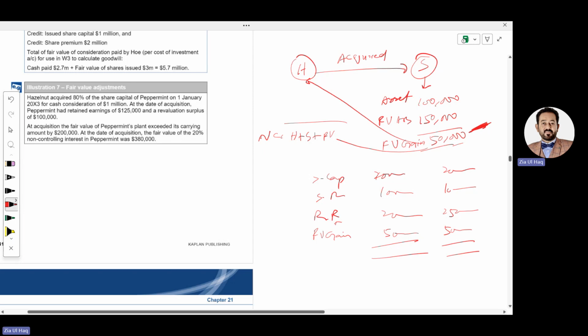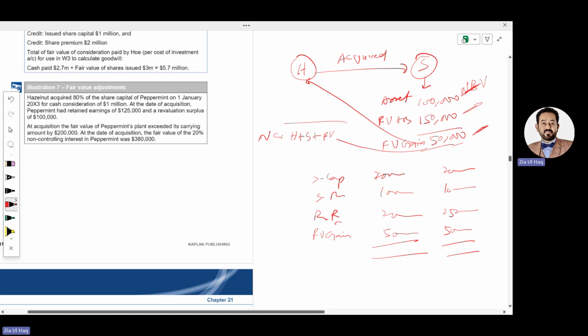Can you understand this concept? If at the acquisition date any asset of the subsidiary company has a fair value gain, how does it have a fair value gain? Its net book value is 100,000 while its market value is 150,000. This means if they sell this asset at 150, they can get a fair value gain of 50,000.